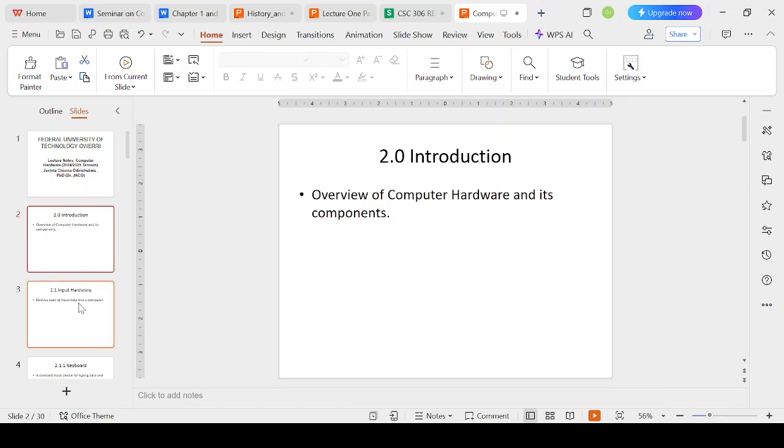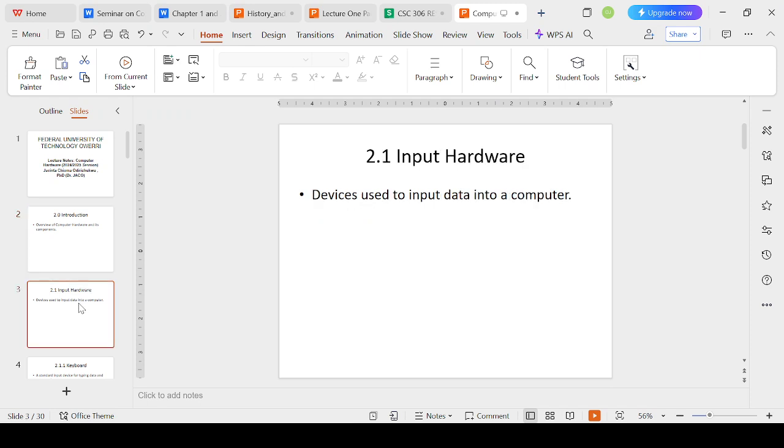In computer hardware, we have the input devices, the input hardware. The input devices are those devices that enable us to key in information into the computer system.